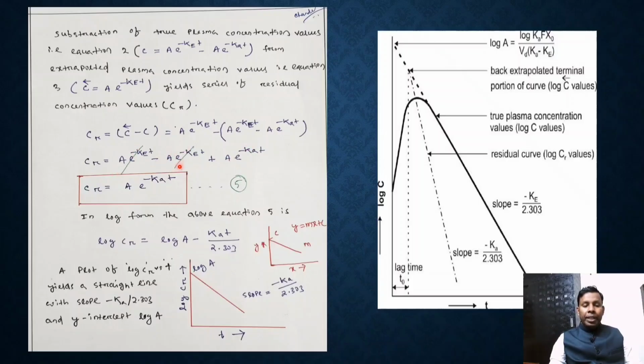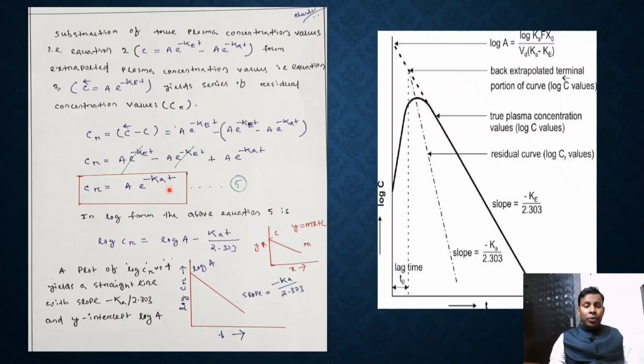These two will get cancelled because both are equal. So the final equation will be CR is equal to A into e to the power minus KAT. So residual plasma concentration will be equal to A into e to the power minus KAT.